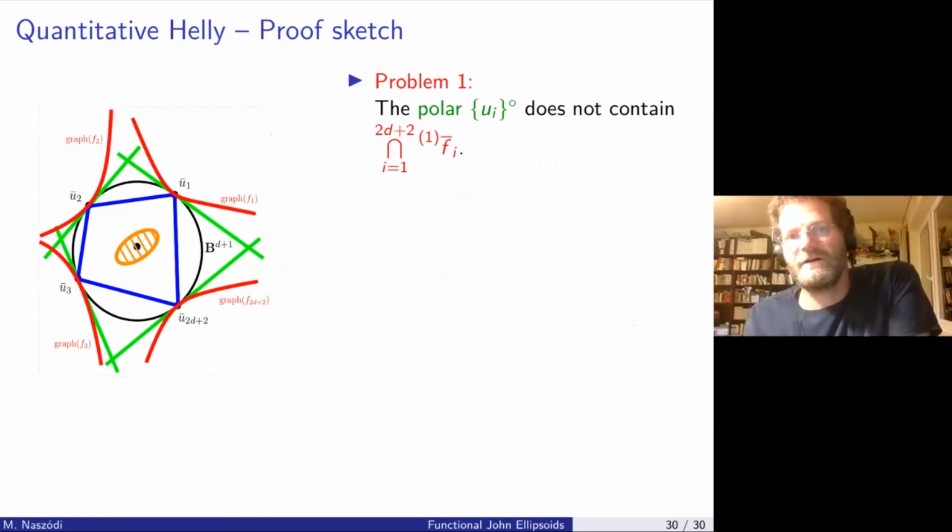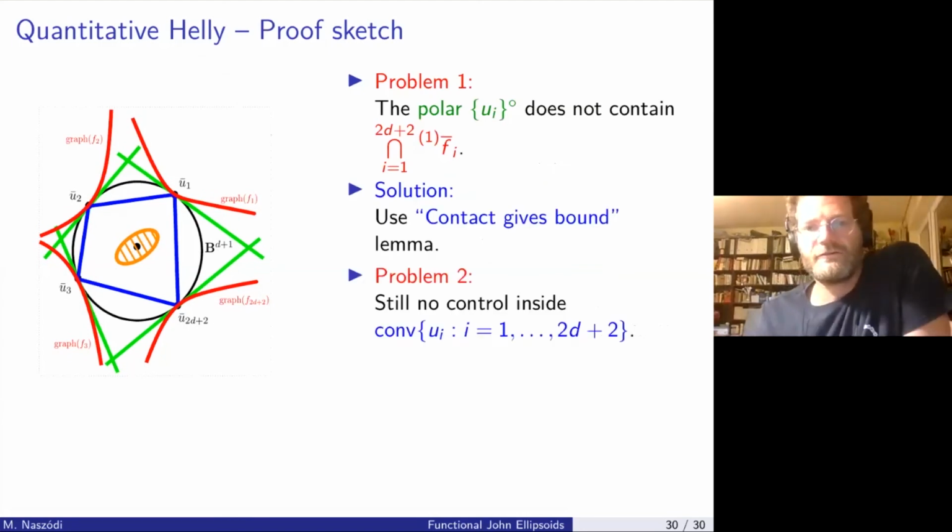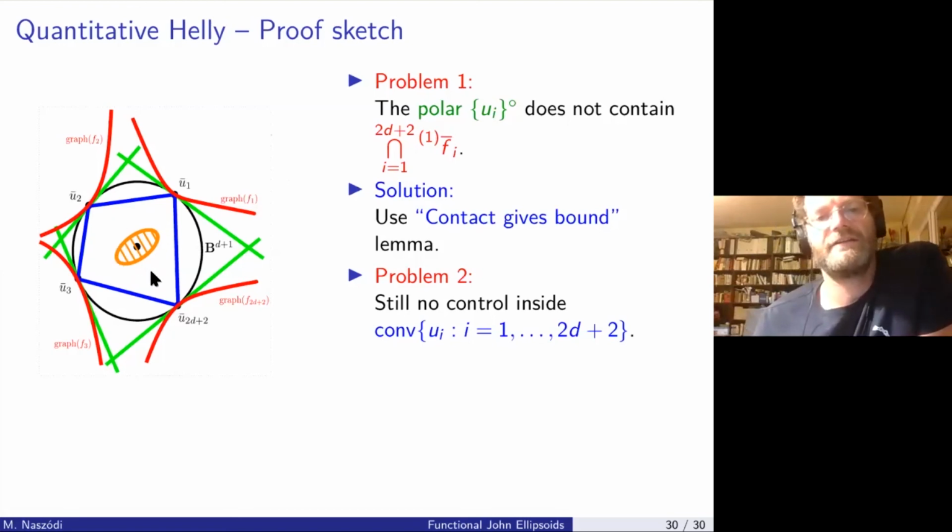But then there's also the problem of what happens inside, close to the origin. Maybe we have some big volume here where these red functions will not give us anything very small.